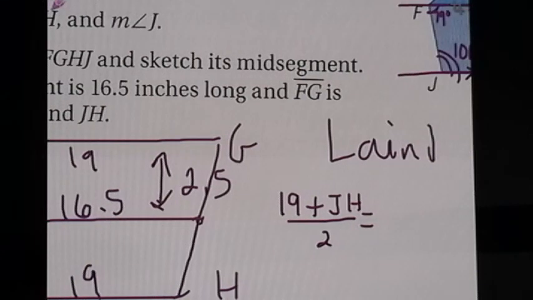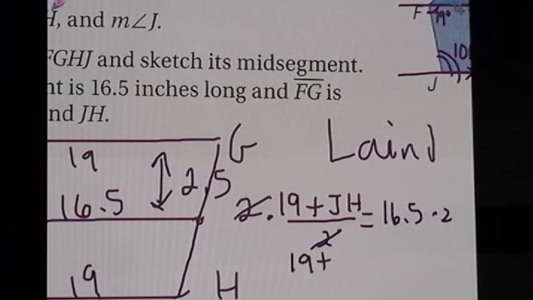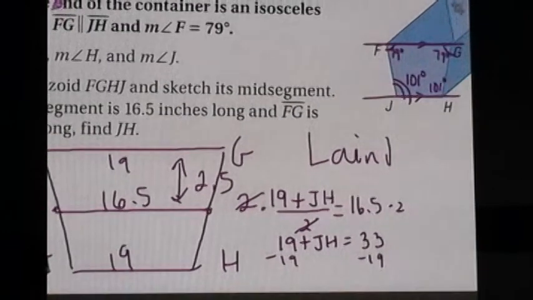When we average those two bases, we get 16.5. To get rid of the 2, we're going to multiply both sides by 2, causing this 2 to cancel. So we get 19 plus JH equals 16.5 times 2. And that's going to give us 33.